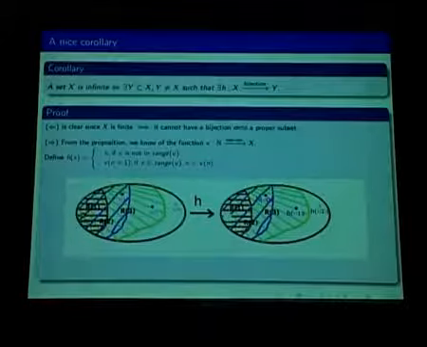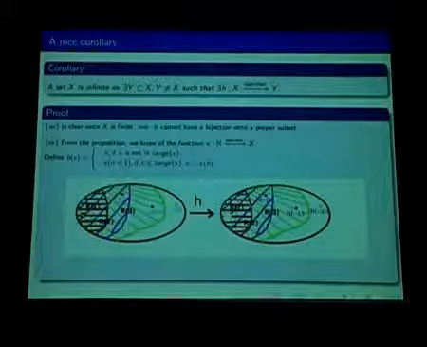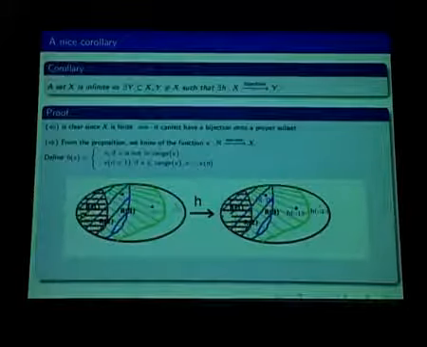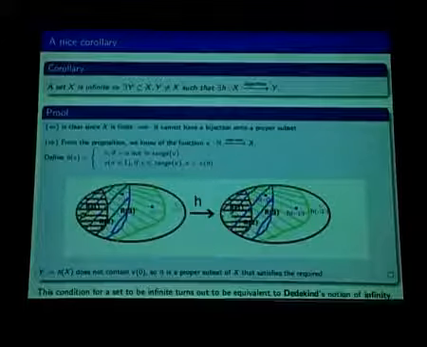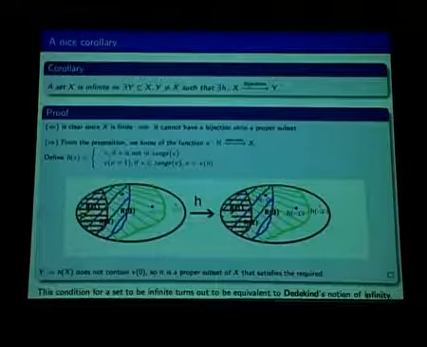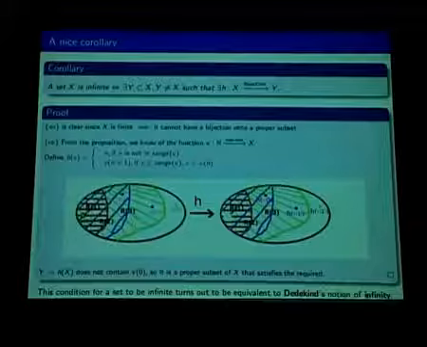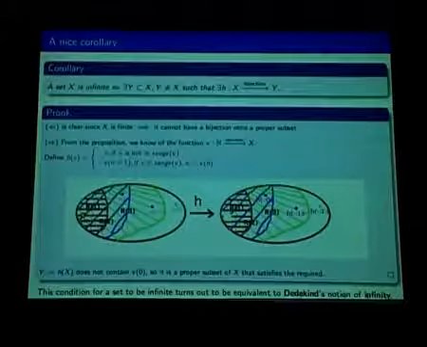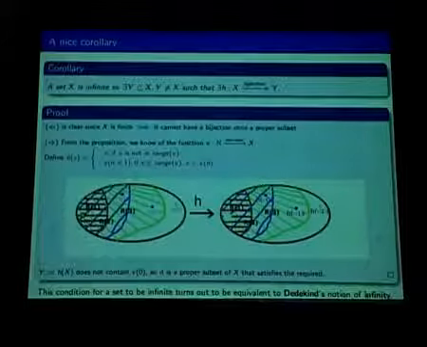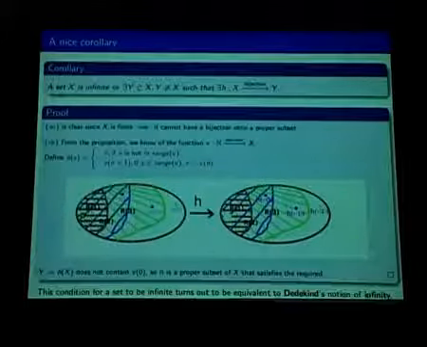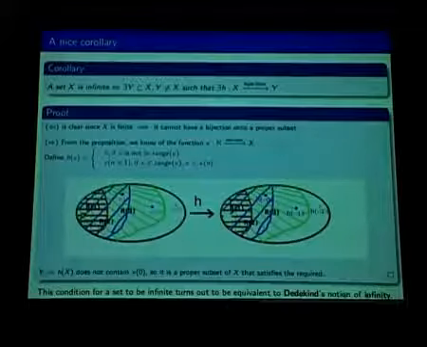Why does it go to a proper subset? Because the range doesn't contain v0, nothing goes to v0. That sort of proves this corollary. Incidentally, this notion of infinity is actually the same as what another mathematician, Dedekind, called his notion of infinity.